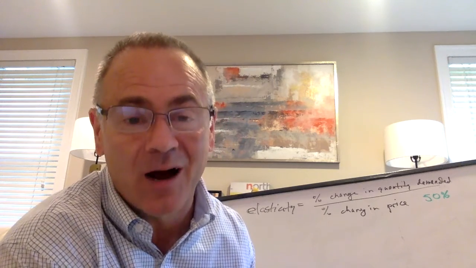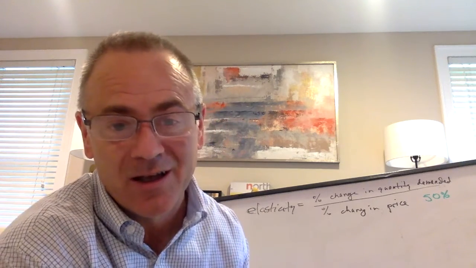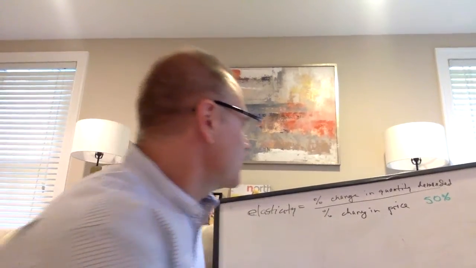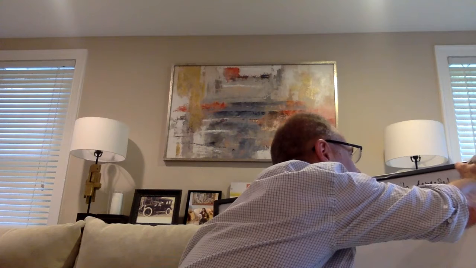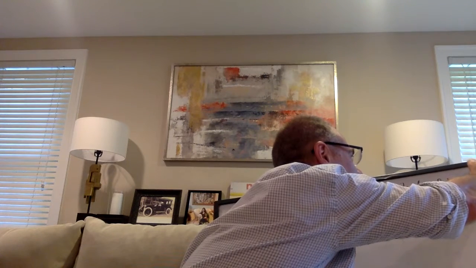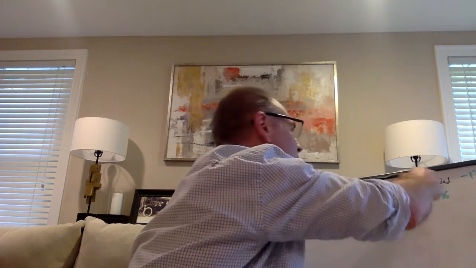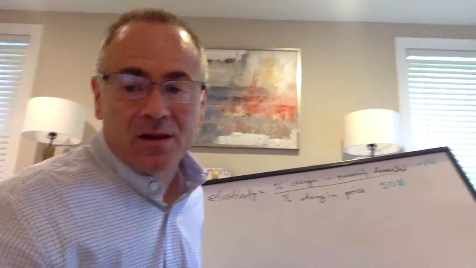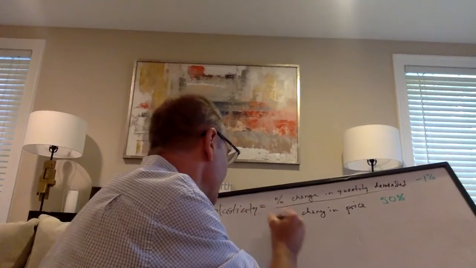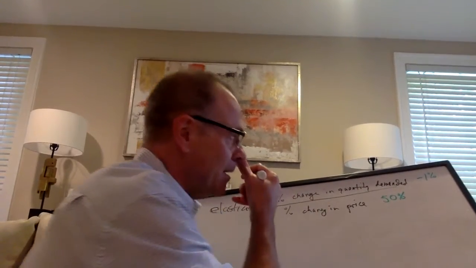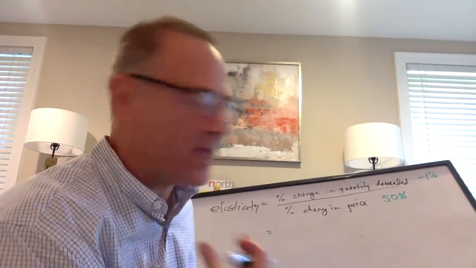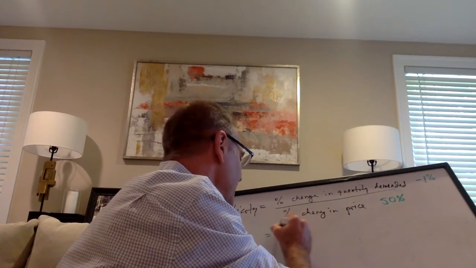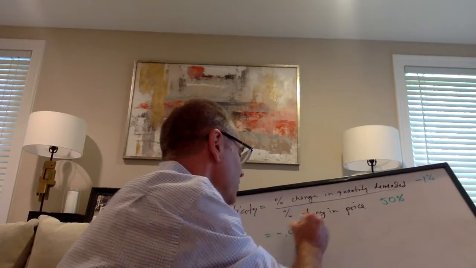Let's say, though, I would decrease my salt consumption by 1%. So my percent change in quantity demanded is negative 1%. In this case, the elasticity for Tim's demand for salt is negative 1 divided by 50, and that equals negative 0.02.